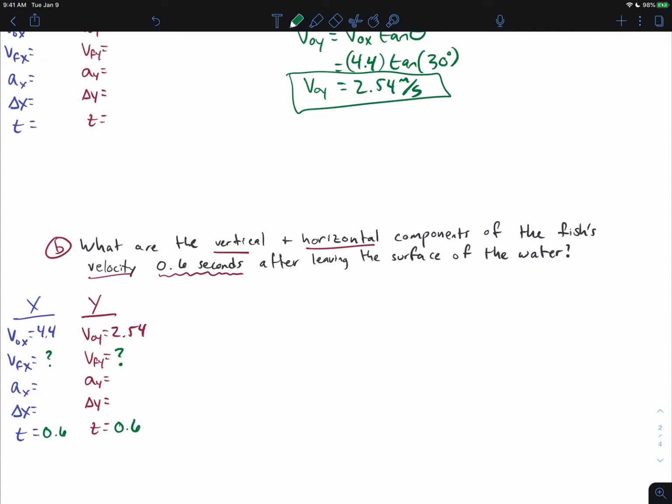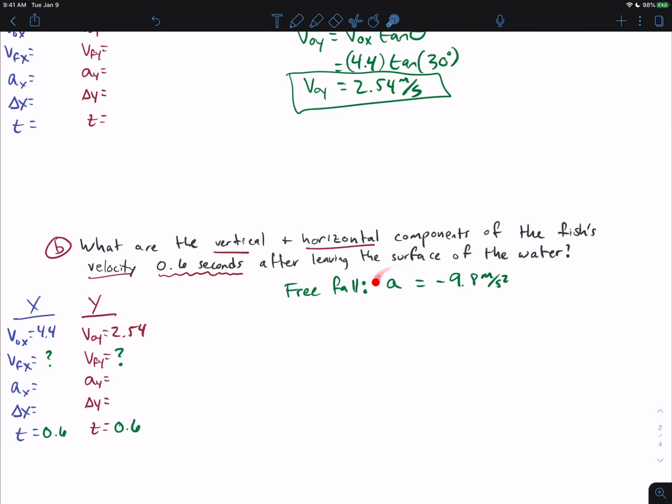So let's go ahead and invoke free fall. Now, you'll remember last time we discussed free fall was that my acceleration was equal to negative 9.8 meters per second squared, right? This is the acceleration due to gravity. Now, gravity here acts only in one direction, right? That is downwards, but that is our vertical direction.